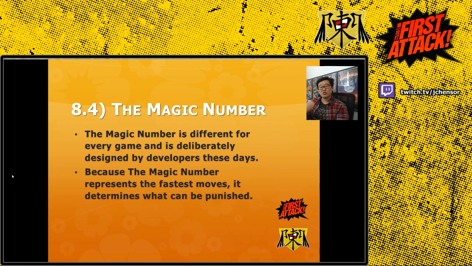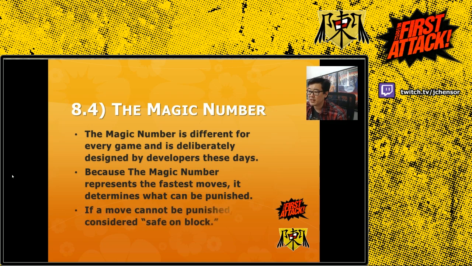And so that's when you start reaching danger points. That's when you start realizing that this move is now unsafe. It is actually punishable. So that is something very important to understand.